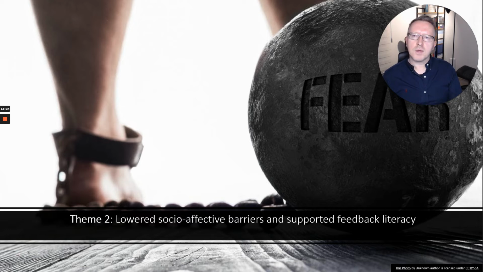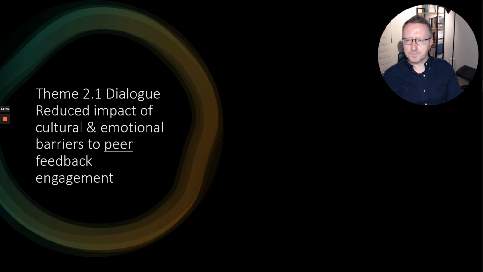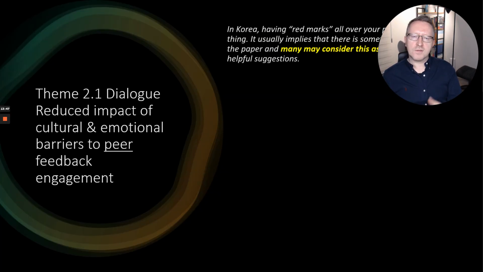And the second theme is that it helped them deal with the affective barriers and the relational barriers, and supported that aspect of their feedback literacy. So students talked about being afraid of feedback, and especially peer feedback, because it can destroy the relationships that they have.